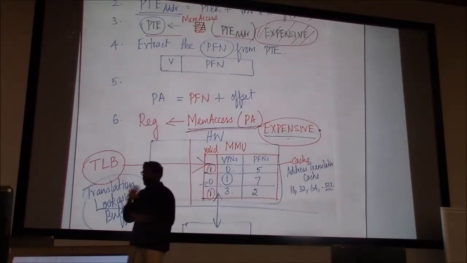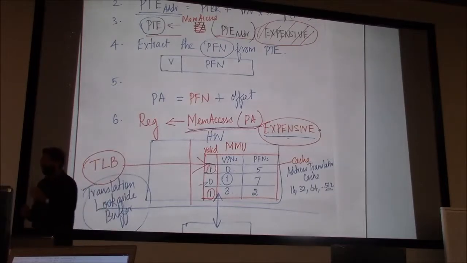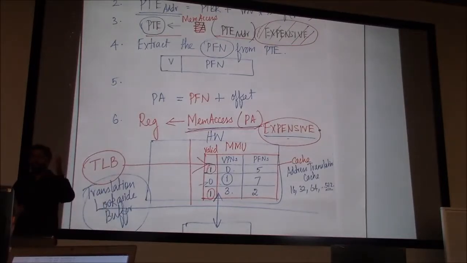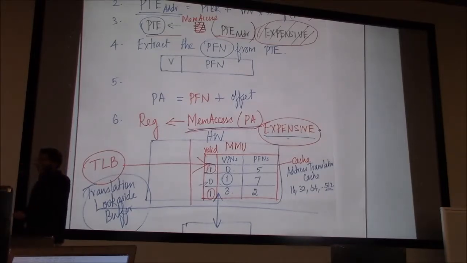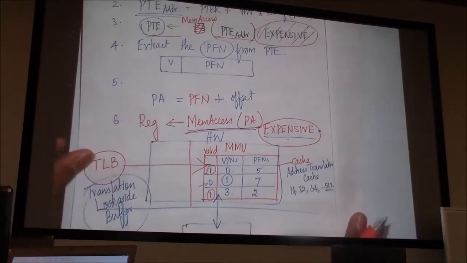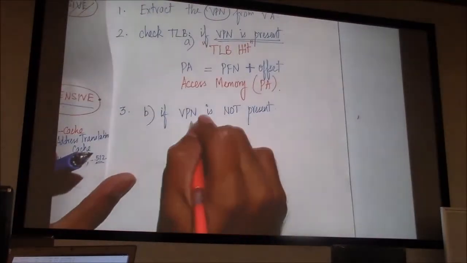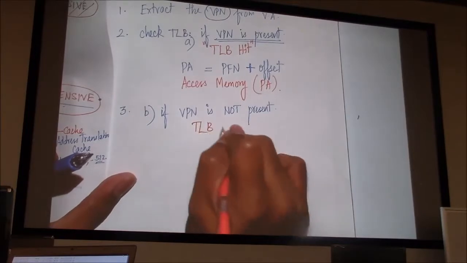Just with this, we can't make any assumptions about whether the page is really a valid page or not. All we can confirm at this point is that I don't have the corresponding page table entry for this particular VPN in the TLB. That's all we can know at this point. And so this particular case is called a TLB miss.